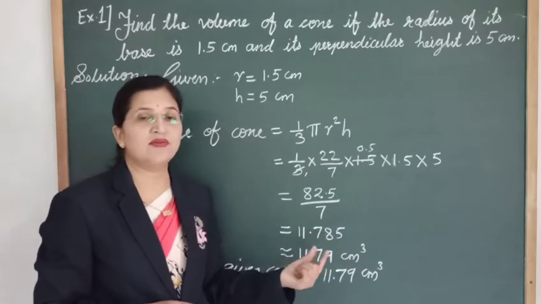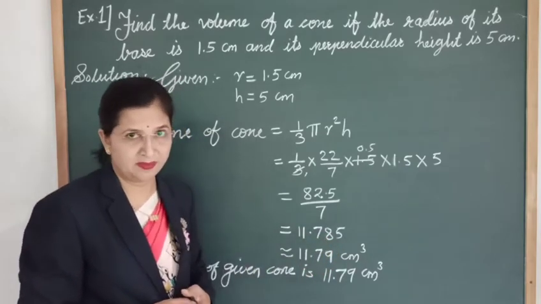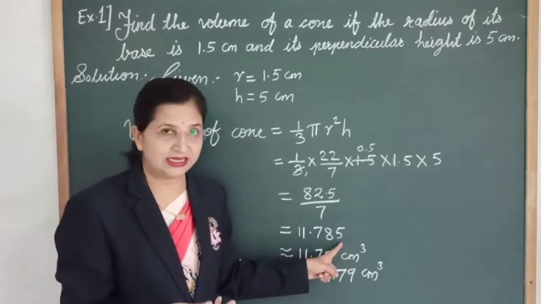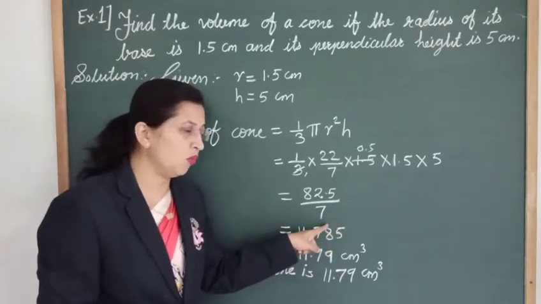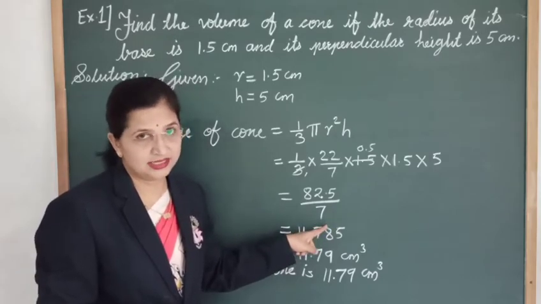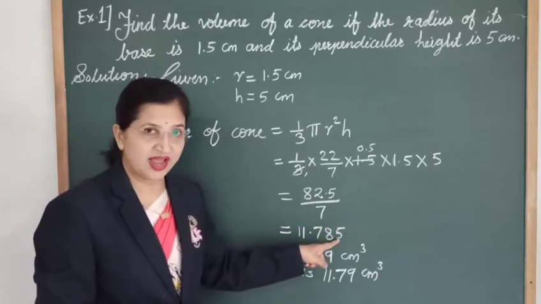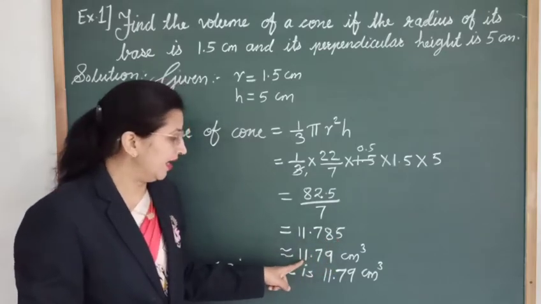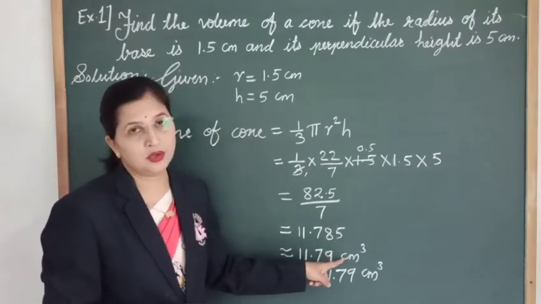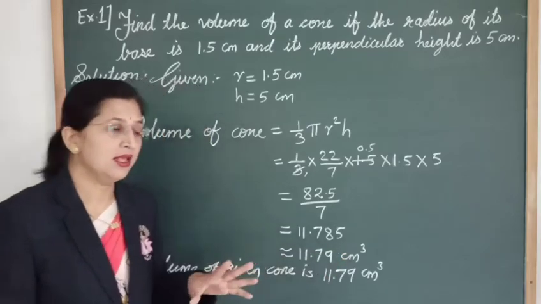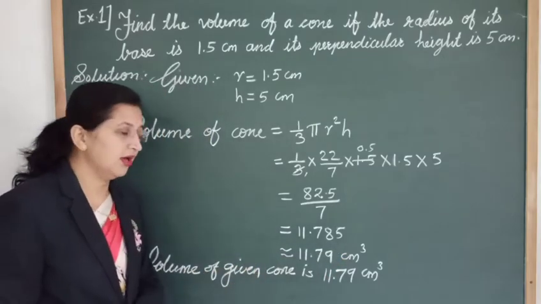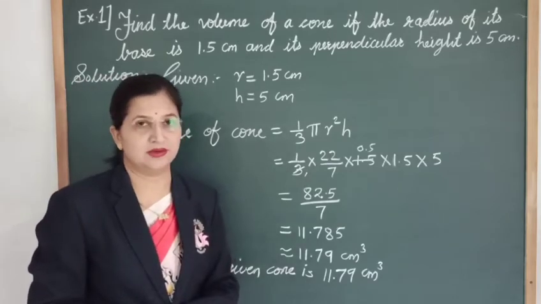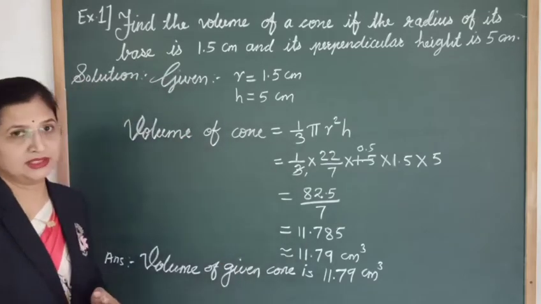Write the value up to 2 decimal places. If the third decimal place is 5 or greater than 5, then we add 1 to the previous digit. So we get 11.79 cubic centimeter. Therefore the volume of the given cone is 11.79 cubic centimeter. I hope it's clear to you.